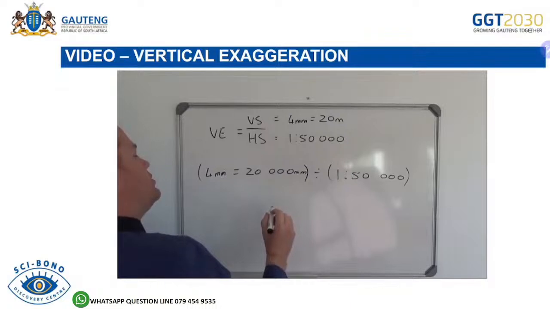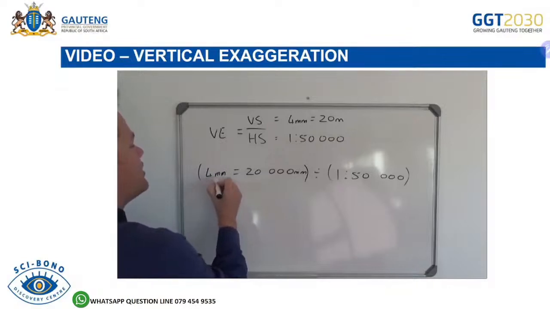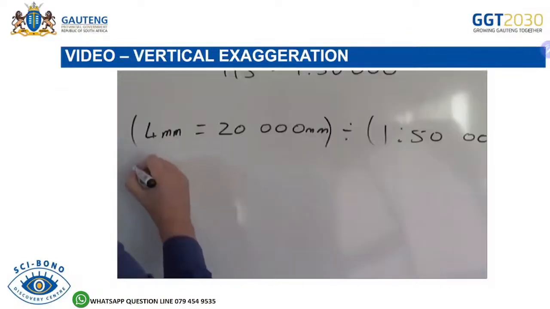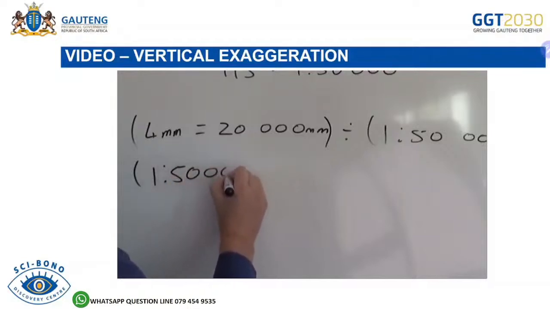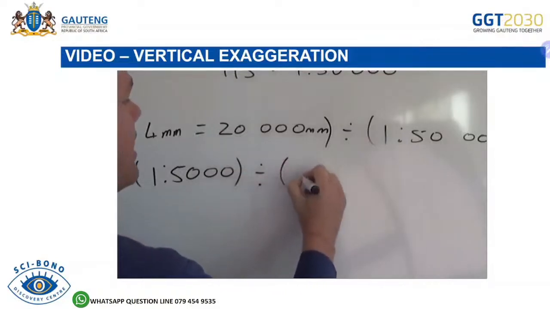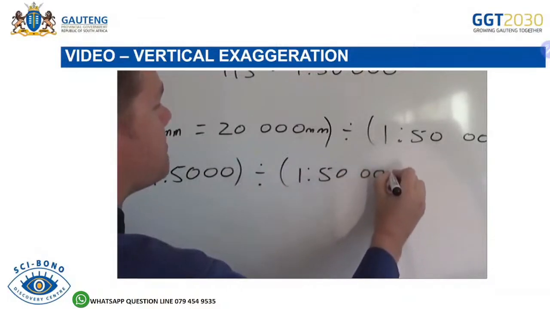Now we need to simplify what we see here. We are going to divide by 4 here and divide by 4 on this side. What we'll have is the following: 1, and 20,000 divided by 4 is 5,000. So now we have 1 to 5,000 divided by 1 to 50,000.